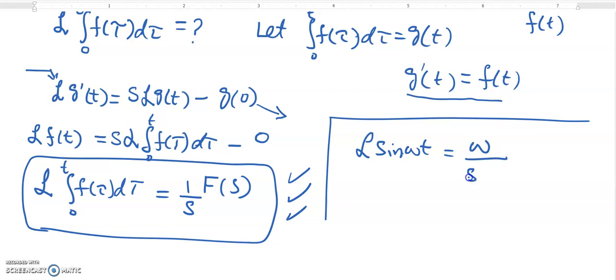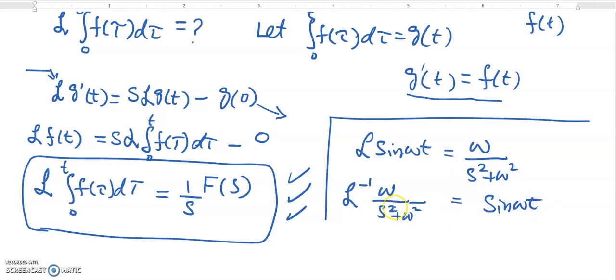Omega over s square plus omega square. This is the Laplace. I can also say that inversely speaking, Laplace inverse of omega over s square plus omega square is equal to sine omega t.